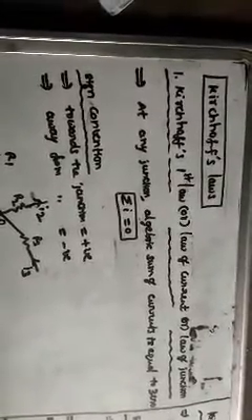So if somebody asks what is the necessity of Kirchhoff's laws, you have to answer: to solve complicated circuits like a circuit consisting of many resistors and cells, Kirchhoff's laws are useful.